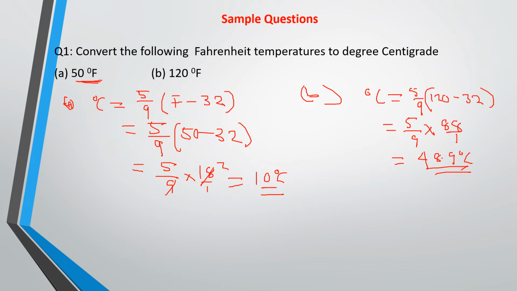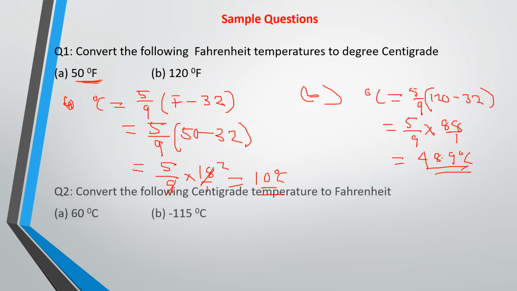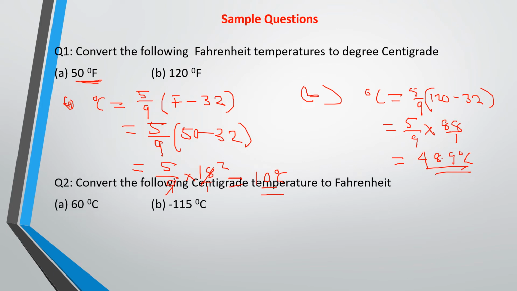Is that okay? Then to convert from degree centigrade to degree Fahrenheit, we are going to do another question on that too. This one is to convert the following centigrade temperatures to Fahrenheit.